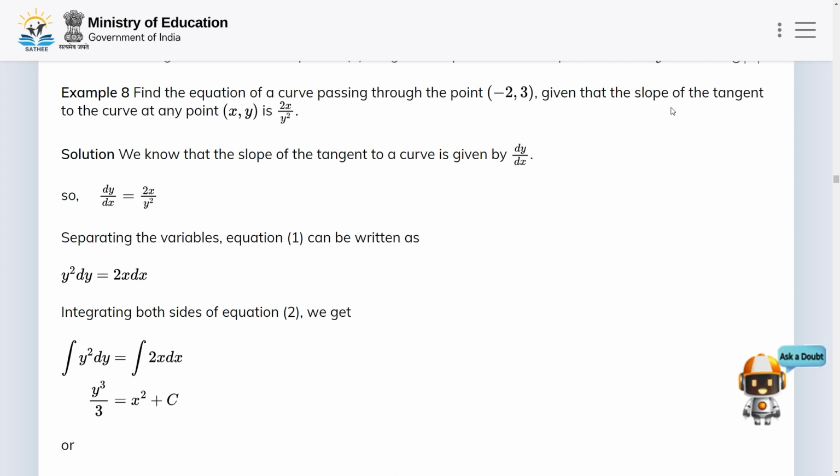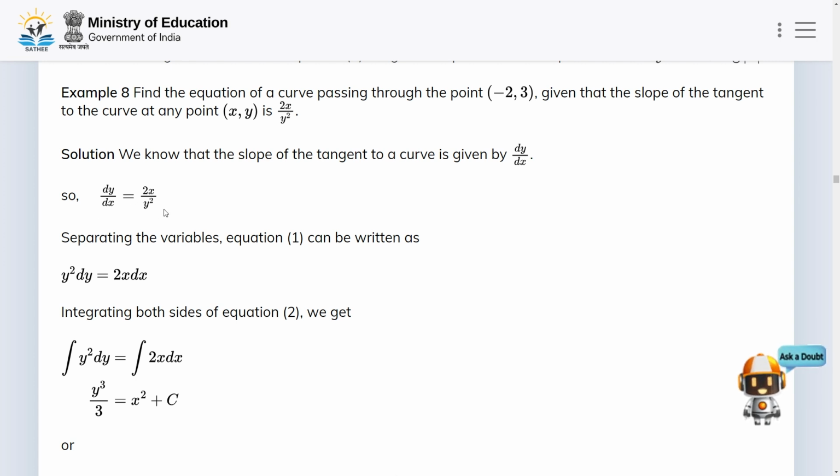The question is playing with you. In terms of words, the equation is already given to you. How? The slope of a tangent to the curve means dy over dx. So dy over dx is given to you as 2x by y squared. Now this will be your differential equation.